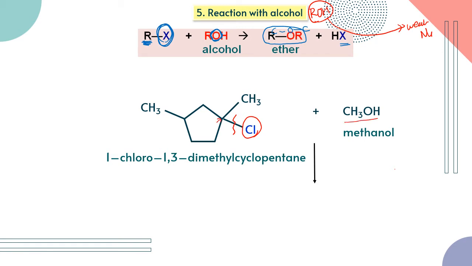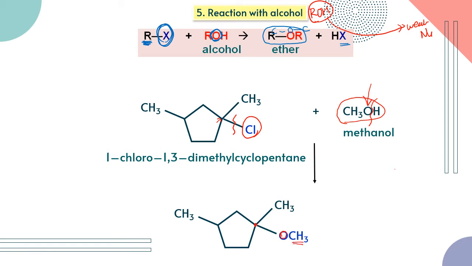From the methanol, the oxygen will be bonded to the carbon over here, so you will have OCH3. It will break here. O over here is bonded to the carbon over here. And then the alkyl group next to the oxygen, you just write it down back.